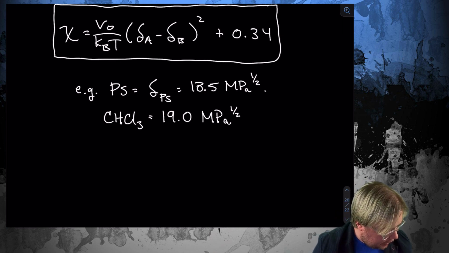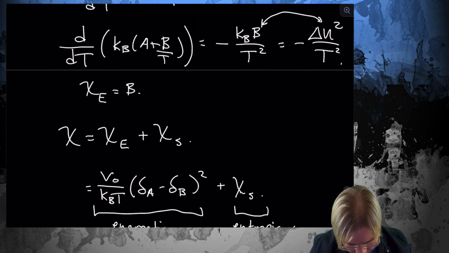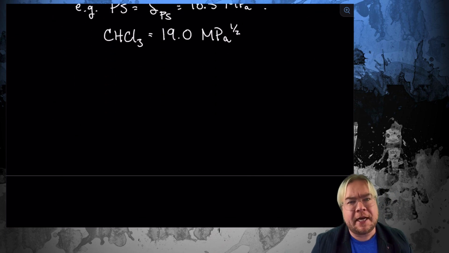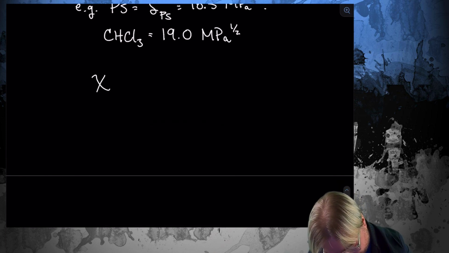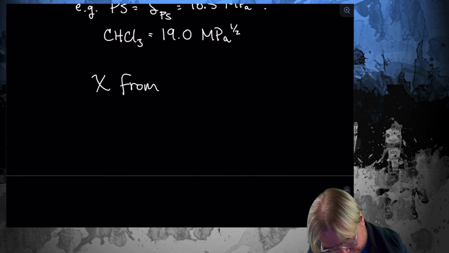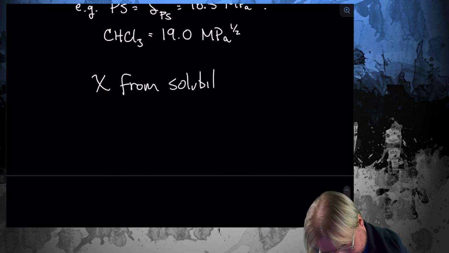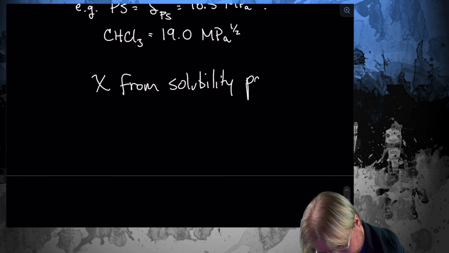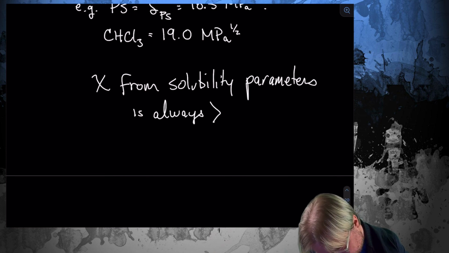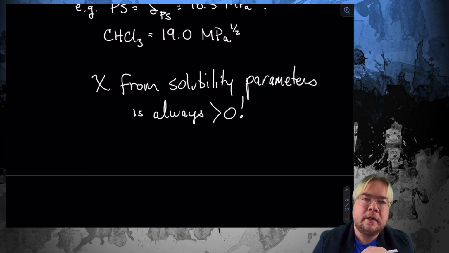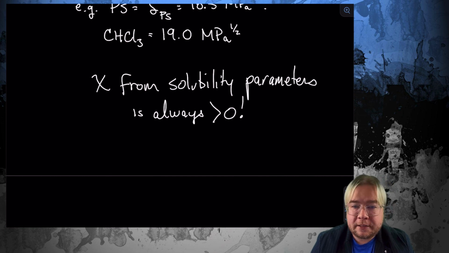Last thing that I will say, I just want to emphasize one last time, this chi parameter from the solubility parameters is always greater than 0. So that's going to play a role in whether or not we can predict certain behaviors based on the solubility parameters.